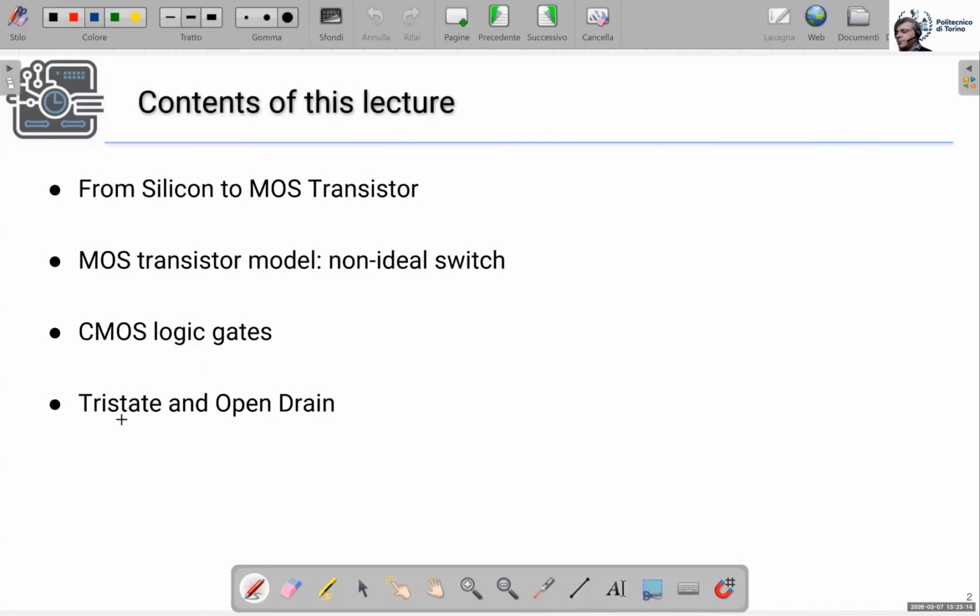Then we will introduce also different types of digital gates in the same semiconductor technology, which make it possible to basically overcome the limitations of standard CMOS gates when connected to distributed interconnects, that is, bus structures.